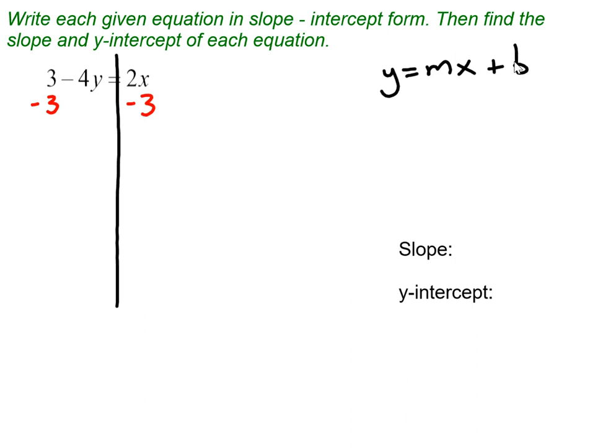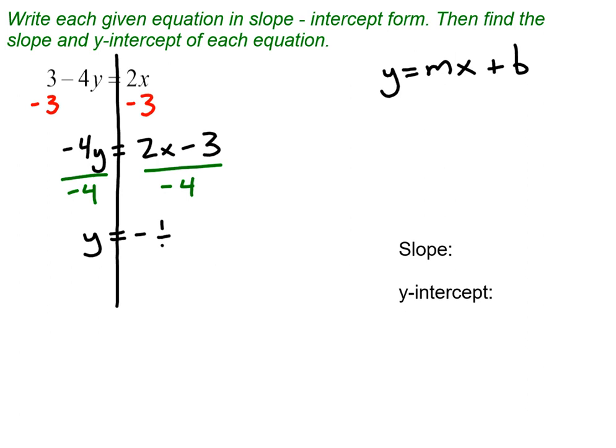So when I do that, I'm left with -4y equals 2x minus 3. I'm going to divide both sides by -4. I'm left with y equals 2 divided by -4 is going to be -1/2 x. -3 divided by -4 turns out to be +3/4.